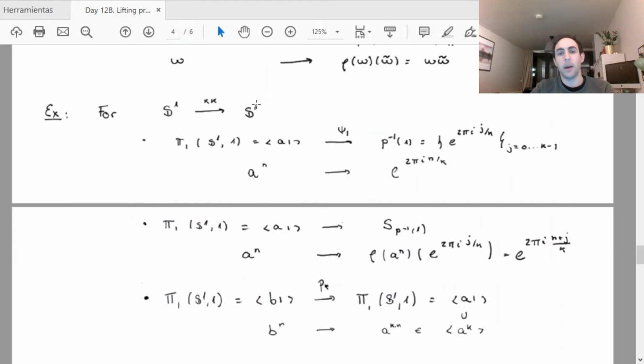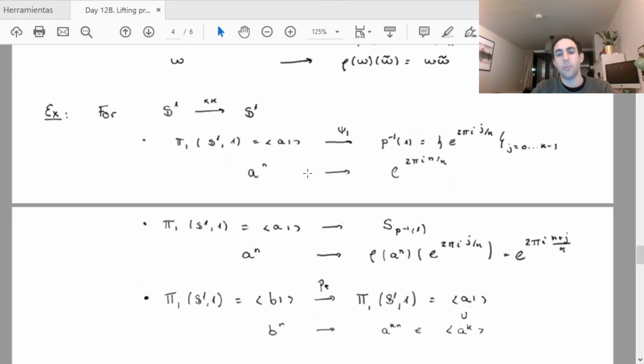Now if I take the pi1 of the base, which is of course Z, think of it as a free group with one generator that I'm going to call A. Then what is the endpoint map starting at 1? Here I have a marked base point 1, and here I have the same base point 1. What are the preimages of 1? The preimages by this map are the kth roots of unity.